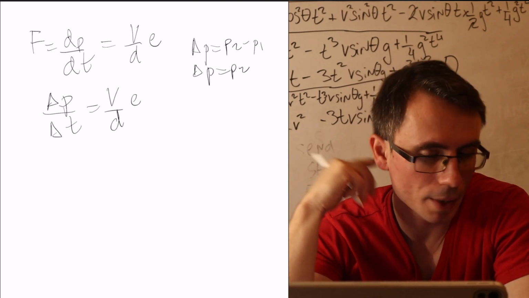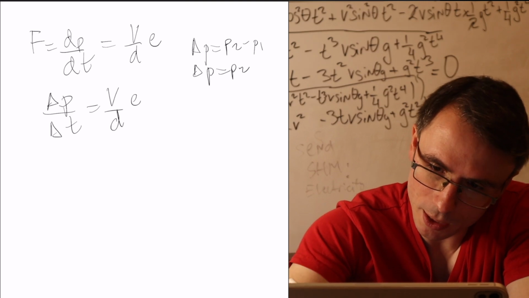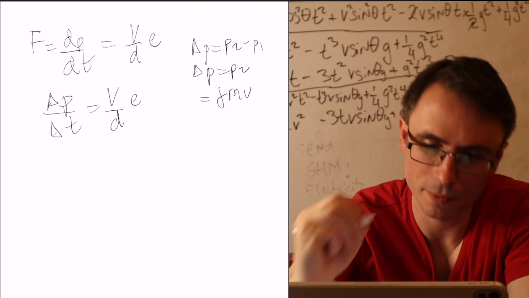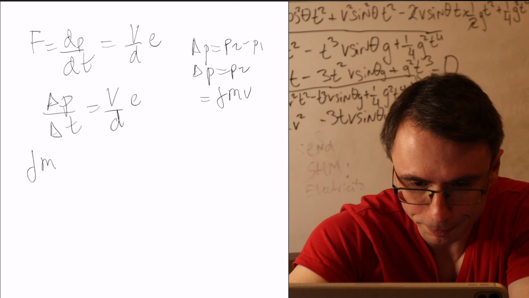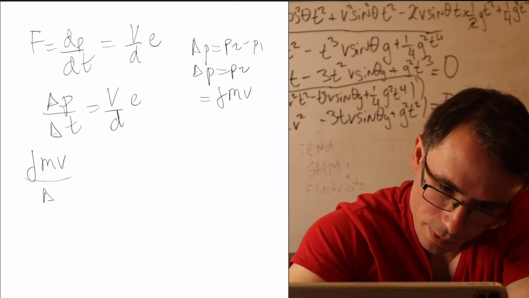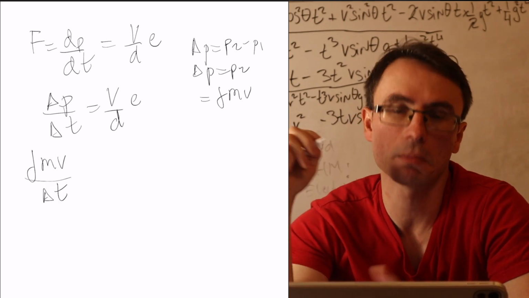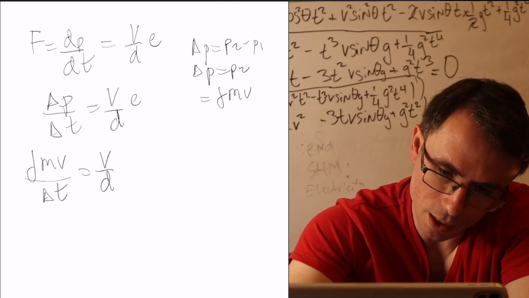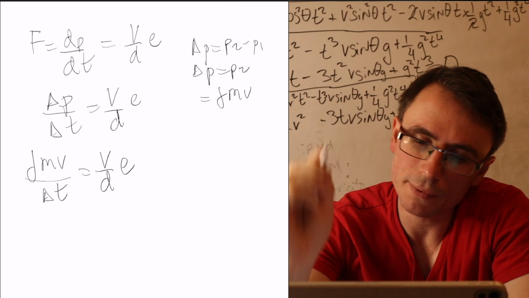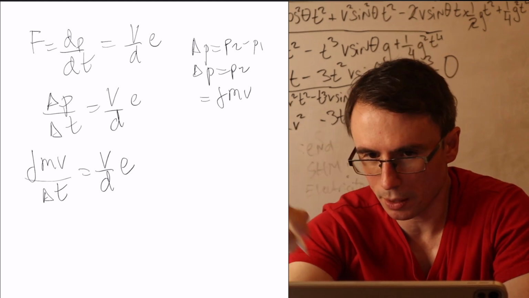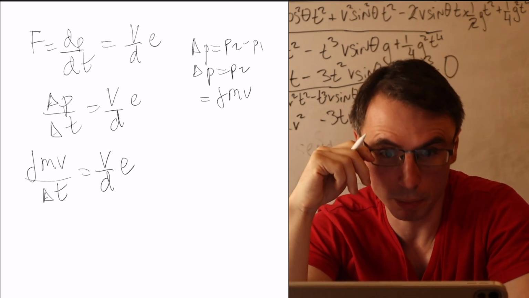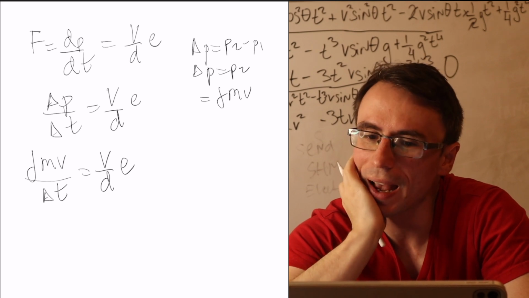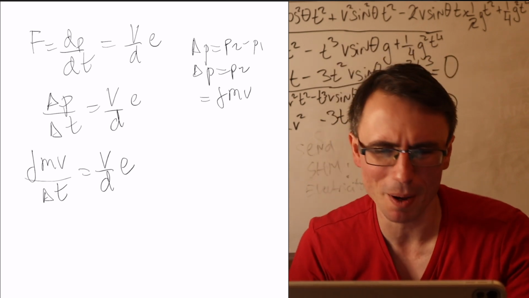Okay, now relativistic momentum is gamma mv, like this. And all of this happens in a certain time frame, delta t. And this here will be equal to V e over d. We've got an expression for the speed at which they reach, approximately, and we figured this out in the very first part of the problem.